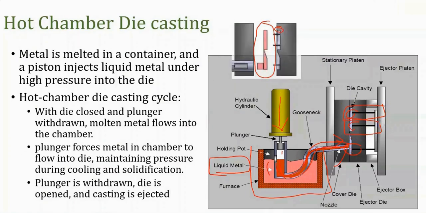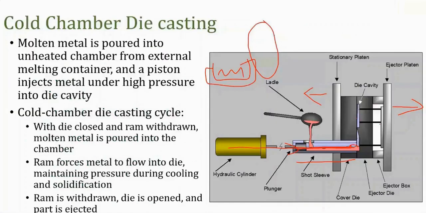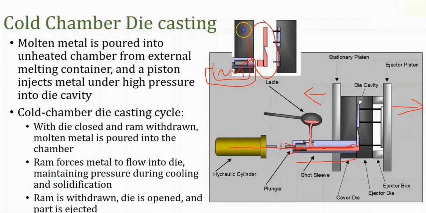The purpose of the ejector pin is to eject the casted part once the process is completed, and it has to hold the two dies accurately and perfectly during the casting process.